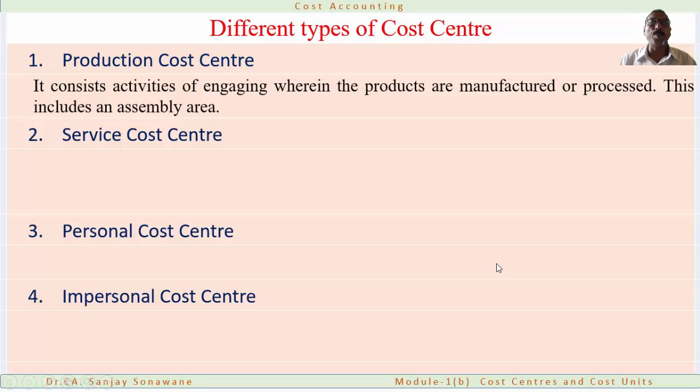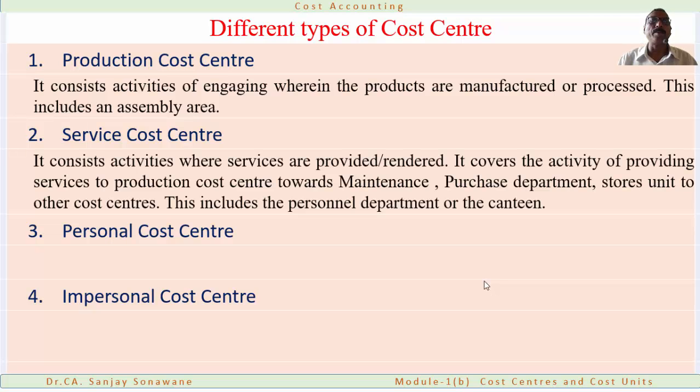At a production place, whatever expenses are incurred, we will accumulate all those expenses and charge them to the production. Whenever any expenses are incurred, we say that this is incurred for manufacturing a product. This is incurred for production. So this production place is called a cost center. We can call it production cost center.